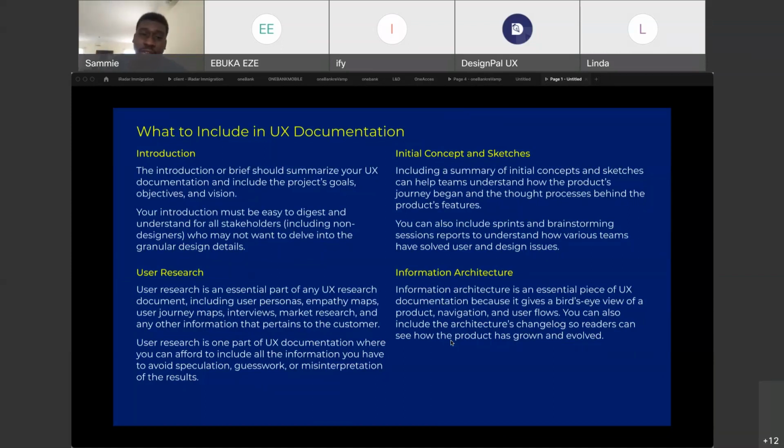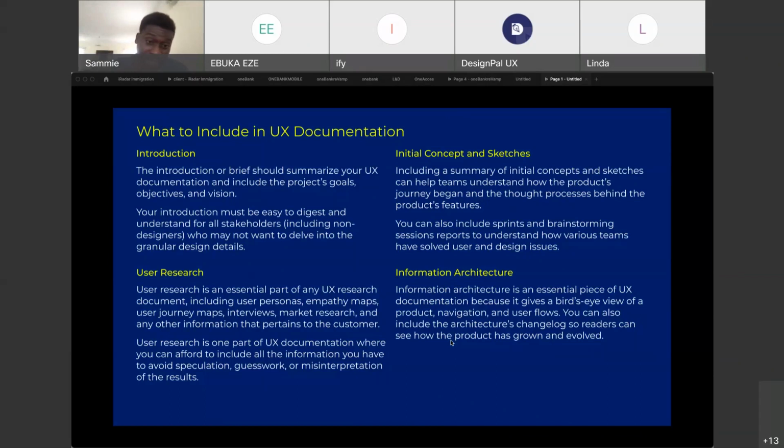So you have to write that from the get-go: your project goals, your project objectives, your product vision. I'm sure you've done this in the UX design class, so most of these things are not new. Your target users, the information you know so far about the product, what you need to know, and all that. The next thing you can have in your documentation is your user research.